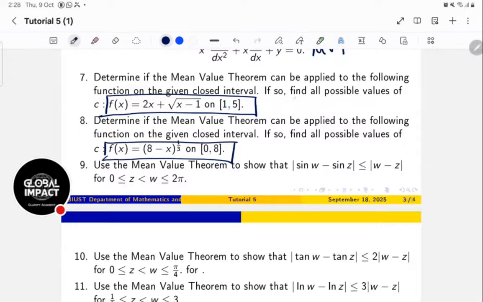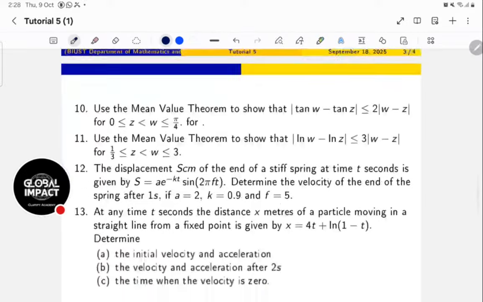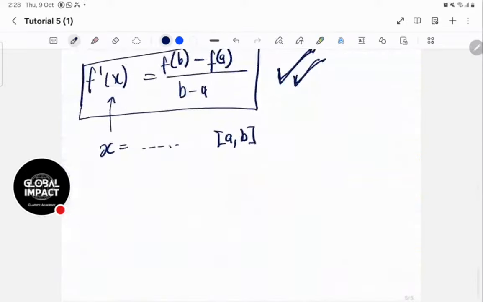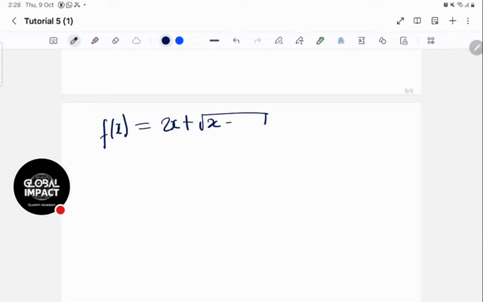So I'll start solving here. You have f of x equal to 2x plus the root of x minus 1, from 1 to 5.